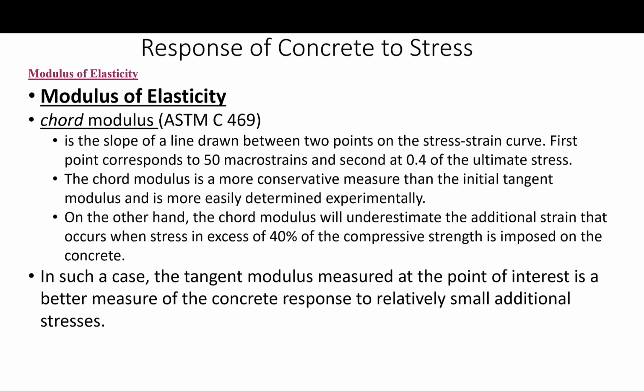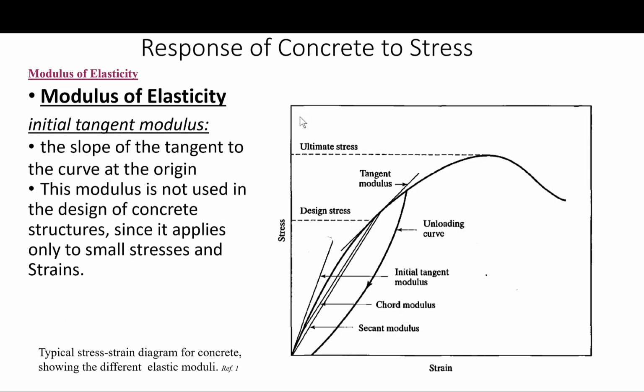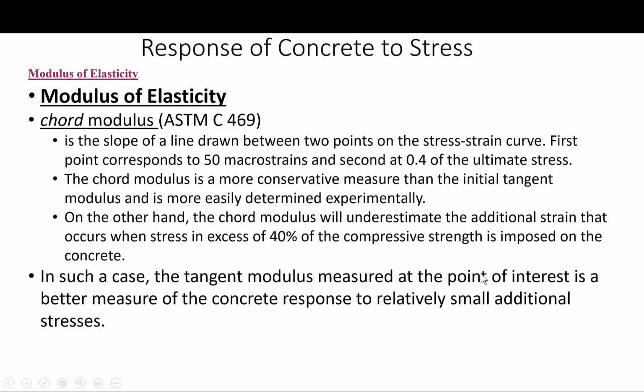In such a case, the chord modulus, which is determined according to ASTM C469, is used, which is basically the slope of a linear line drawn between 2 points on the stress strain curve. Let's go back here. This is the chord modulus right here, drawn between 2 points on the stress strain curve. Let's go back to the slide.